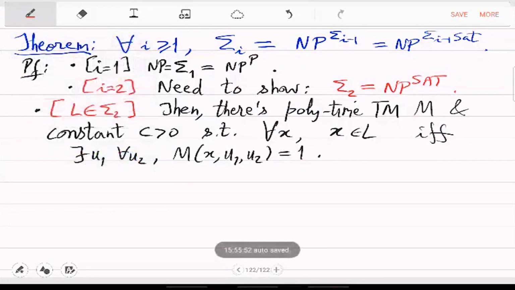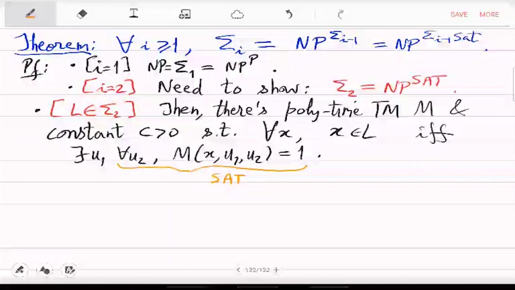We'll focus on this part. Okay, this part is like coNP. So it's like SAT bar. Right, so it is like an NDTM using SAT bar. That is basically how we'll put the problem in NP to the SAT.